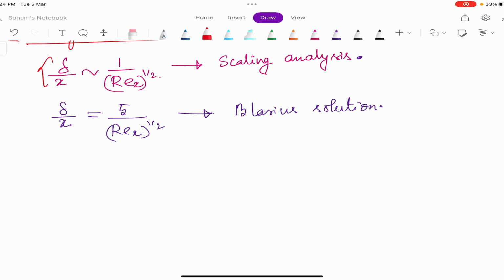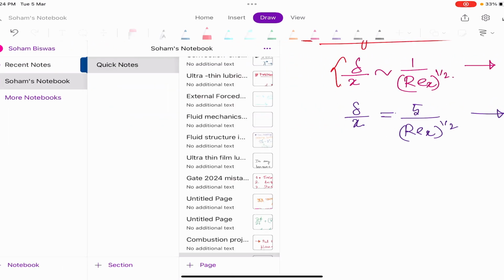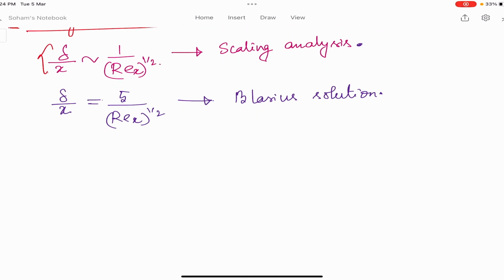You don't have to do this hectic Blasius solution. But I'm sorry. This is a bit rough, right?